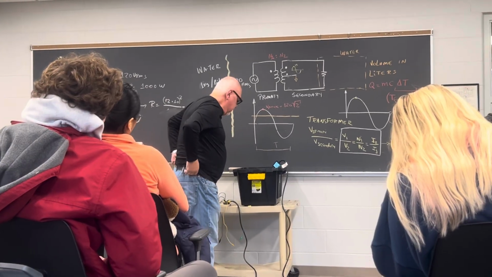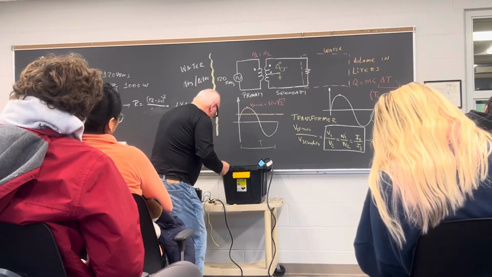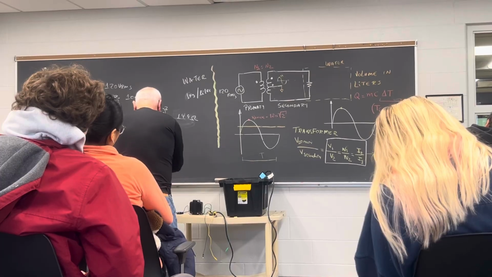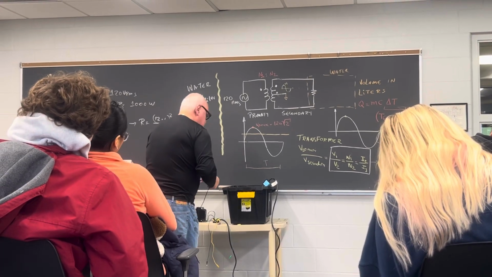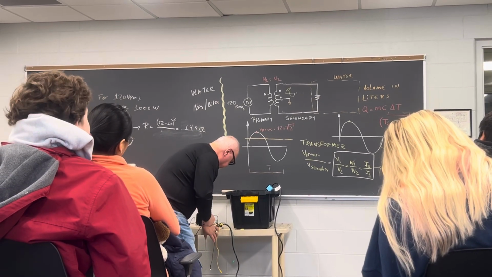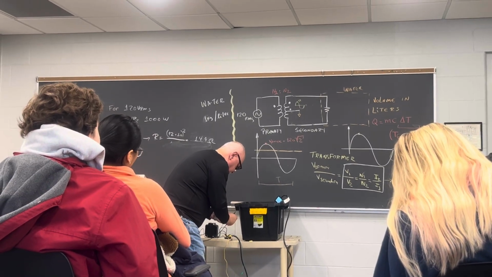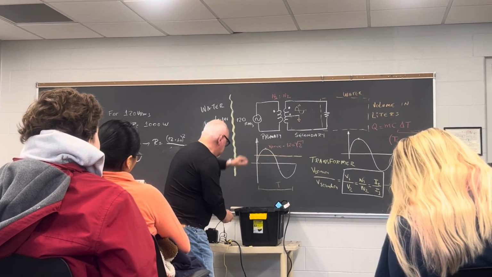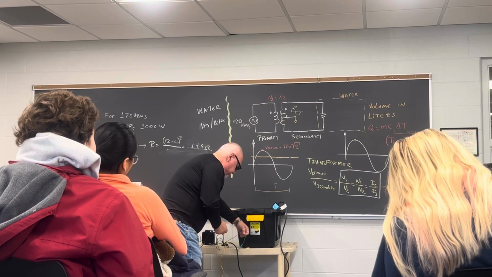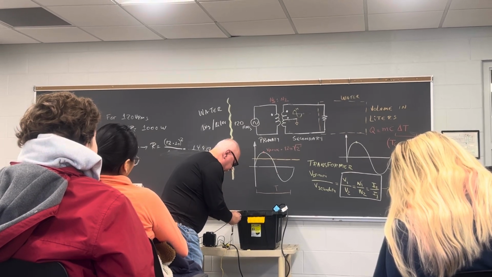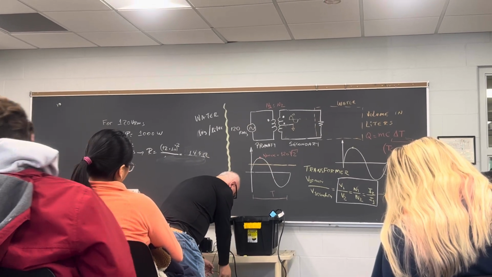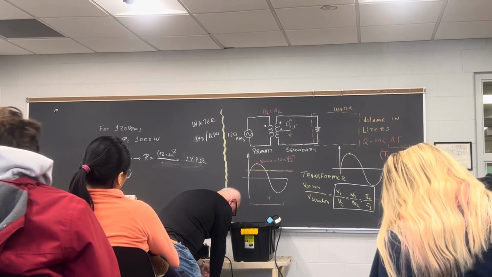I have the connections with the cables, and I use my probe here. So the first one is the same. It's from the center tap to the terminal on the top, and we saw that we have a sine wave. Okay, that's it.